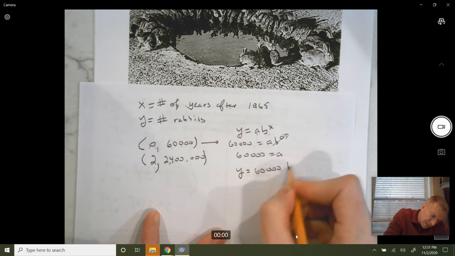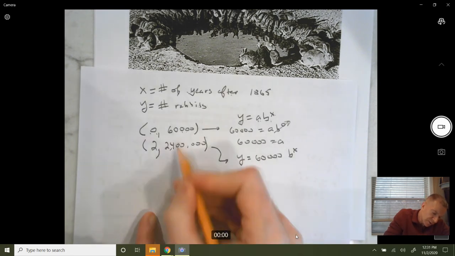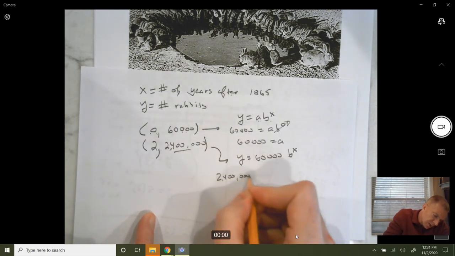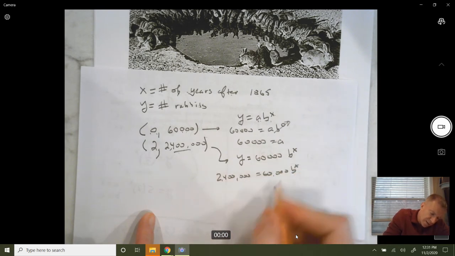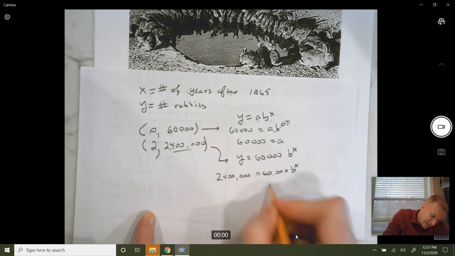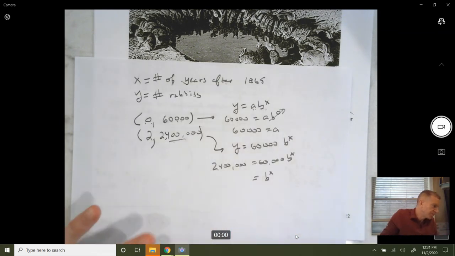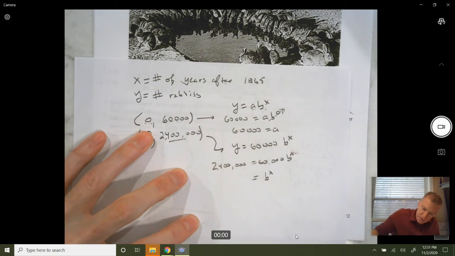60,000 times b to the x. And let's plug in the other one. Our y value is 2,400,000 equals 60,000 times b to the x.